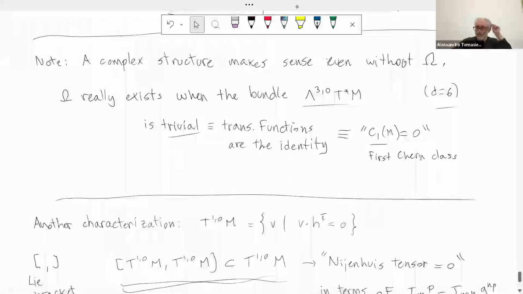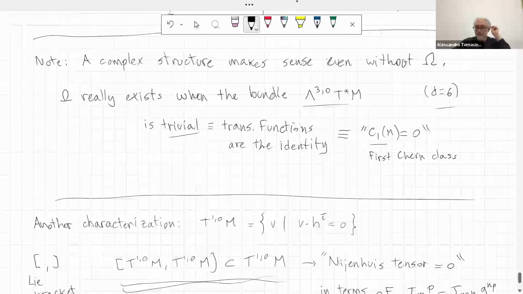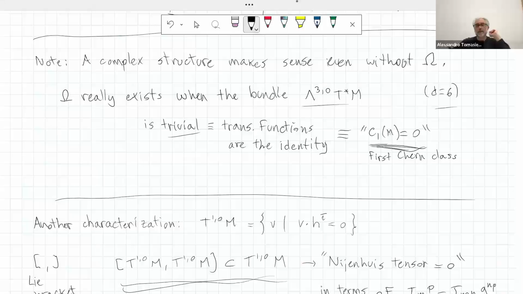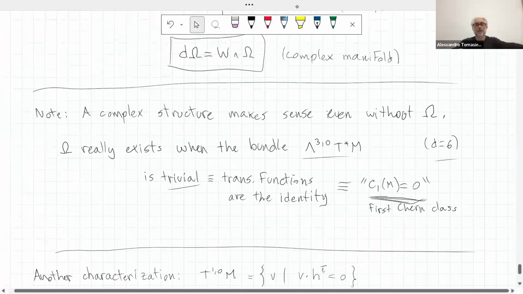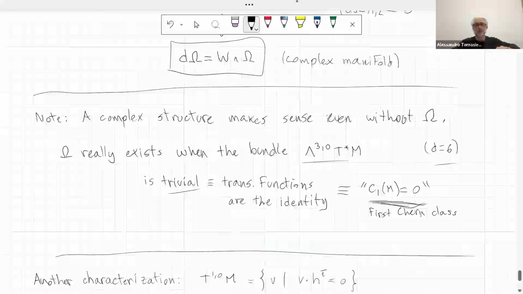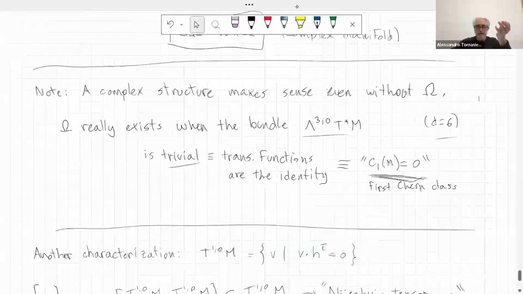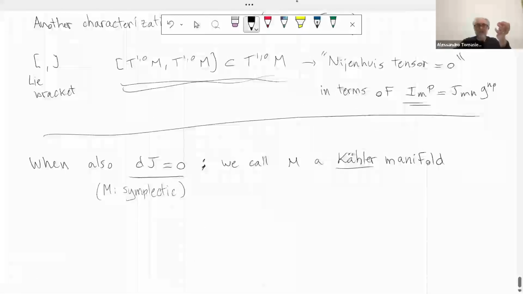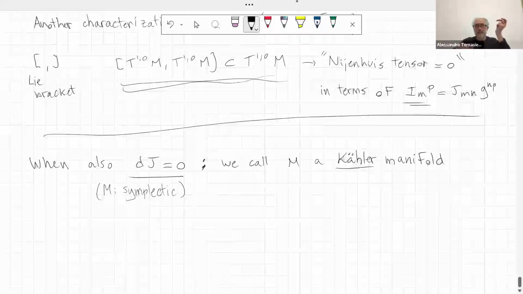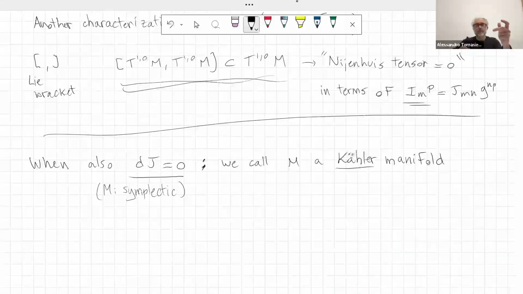I will comment on the particular case where we have c1 equals 0 on top of scalar. I told you that a complex manifold can also not have this condition. It is convenient when it does. Complex with symplectic is scalar. Complex with symplectic and c1 equals 0 will be an even more special type of scalar manifold called a Calabi-Yau. So with this preview of the next lectures, I think we can conclude for today.